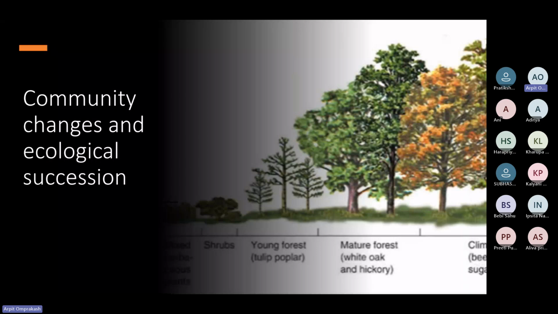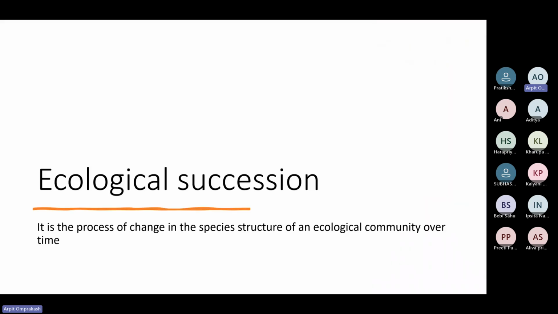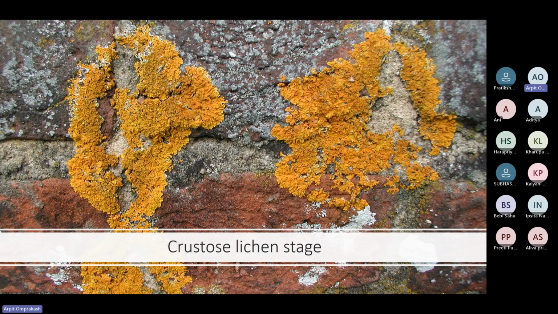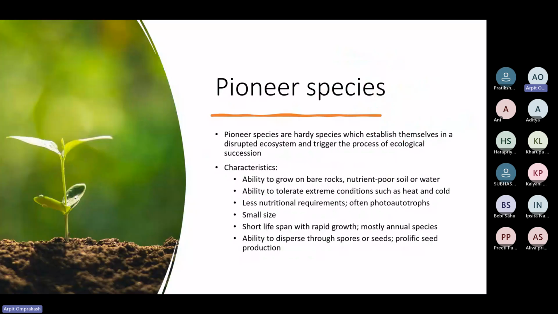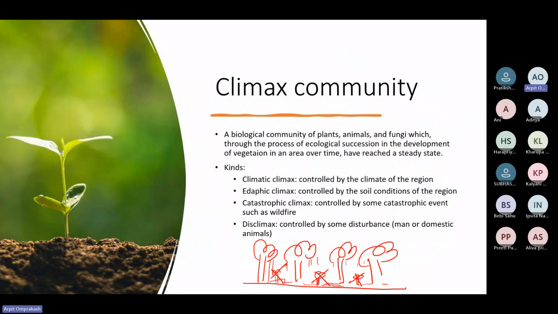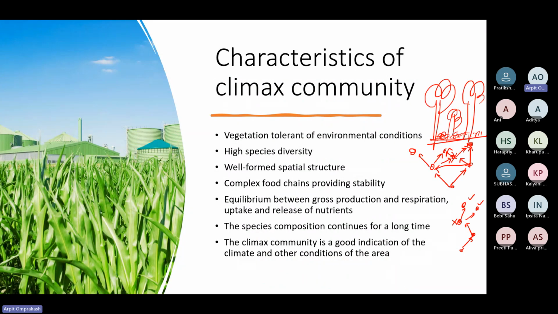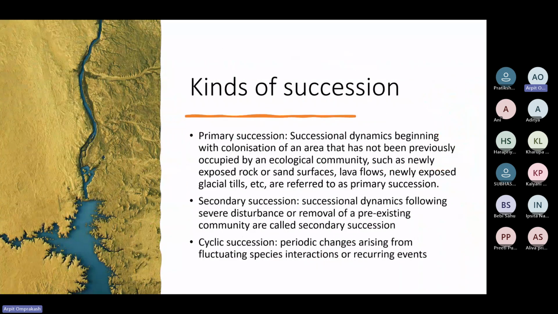We talked about ecological succession, and we saw how it happens for lithosphere landscape. We talked about seres, we talked about pioneer species and a climax community. We talked about characteristics of all of them. We talked about the kinds of succession based on basically the succession is happening from a new area, or if it is happening after disturbance, or if it is happening periodically due to cyclic disturbance or fluctuations.